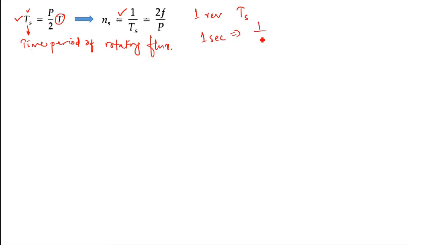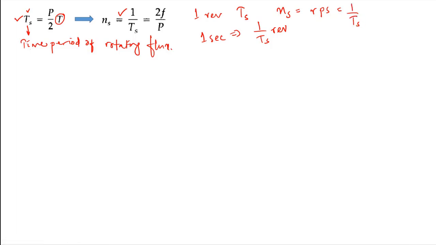It will revolve 1 by Ts revolution. That means in 1 second the flux is rotating 1 by Ts revolution. Okay, that means I can write it as ns, that is revolution per second, I can write it as rps. So rps of the flux will be nothing but 1 by Ts.